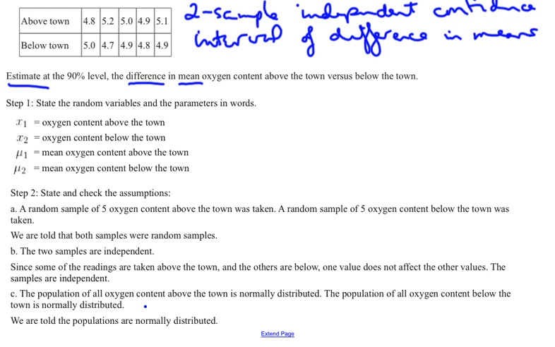So now we can get to our next step. Our next step is to find all of our sample statistics and then the confidence interval itself. I would use technology of some kind to find your sample statistics. You do need to know what your sample means are. So we'll call the sample mean for the first sample x bar 1. Turns out that's 5.